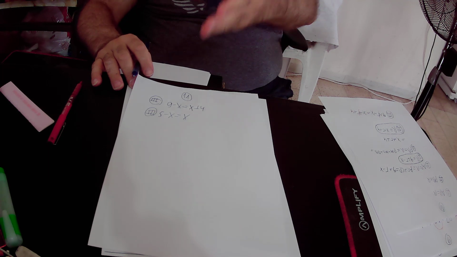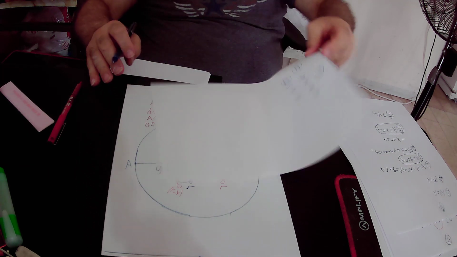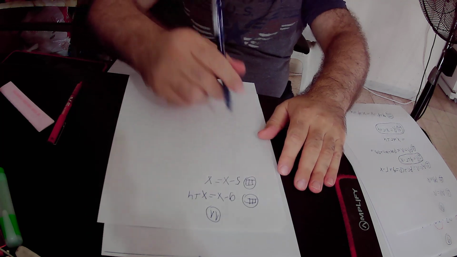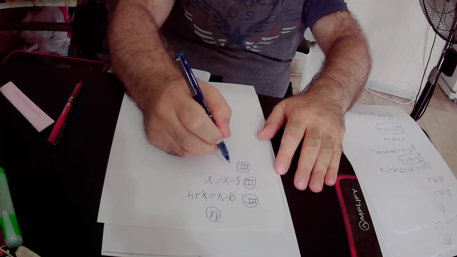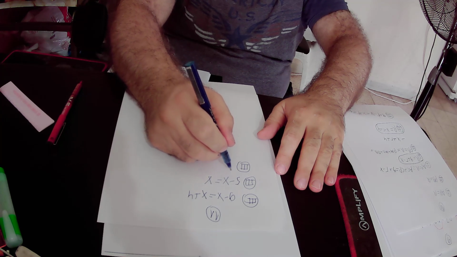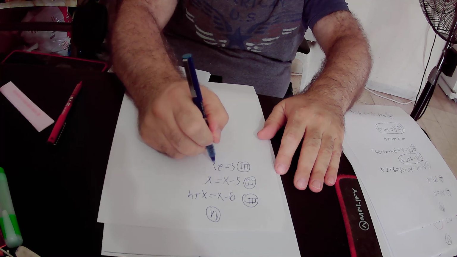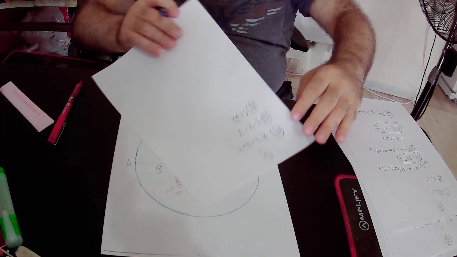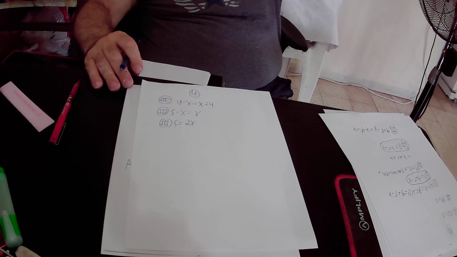Here we will add x to this equality and we will get that 5 minus x plus x is 5, equals x plus x, which is 2x. We got this equality that states that 5 equals 2x.